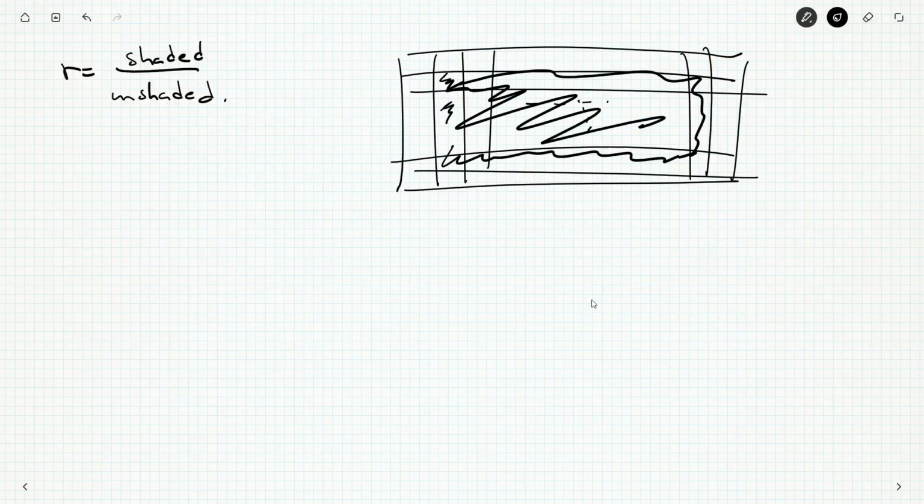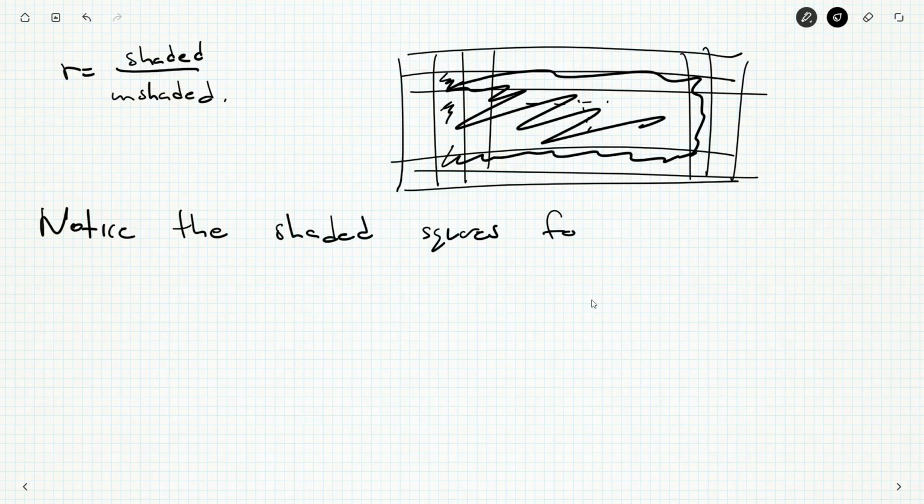Well, so notice the shaded squares form a rectangle. Not only is it a rectangle, but it is an m minus 2, n minus 2 rectangle.